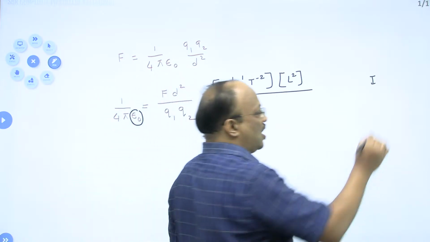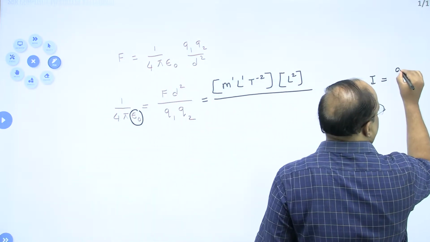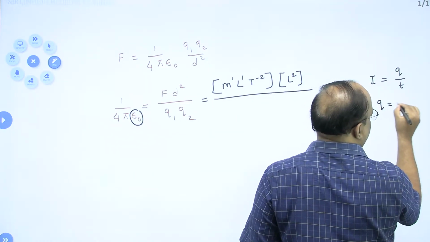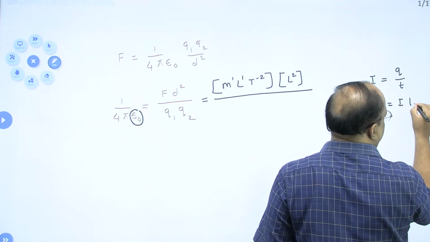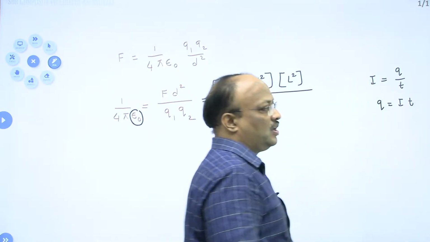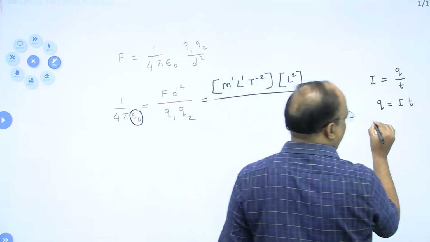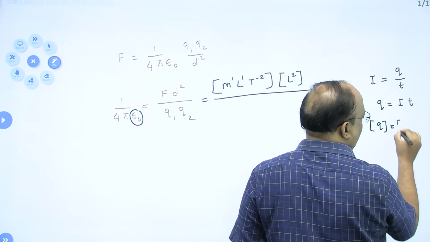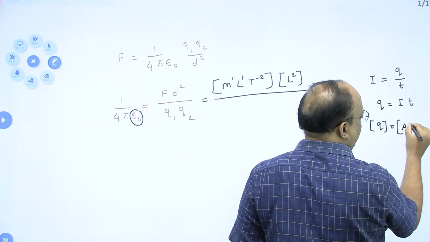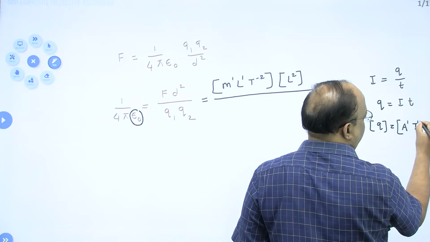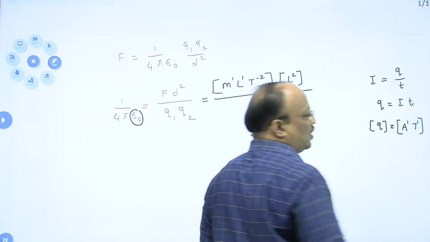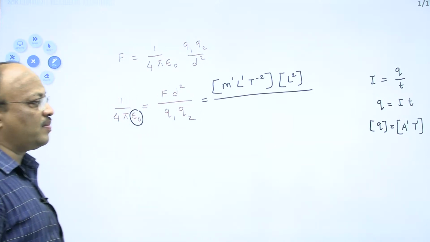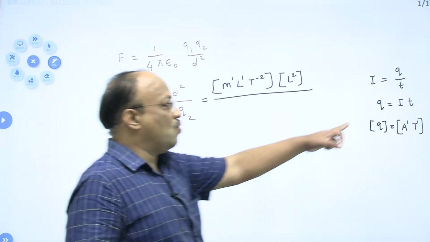So, I is equal to Q by T. Therefore, Q is equal to I into T. So the dimensional formula for Q is 1 in current, 1 in time. Dimensional formula for charge is 1 in current.